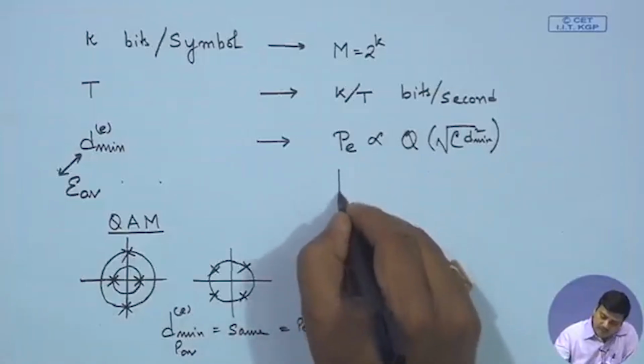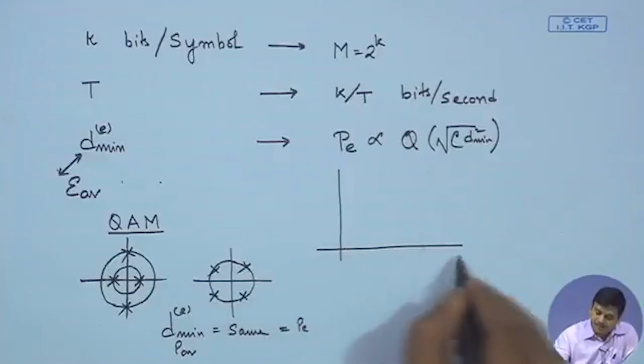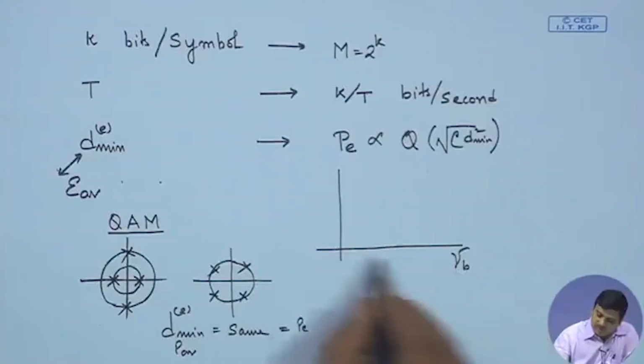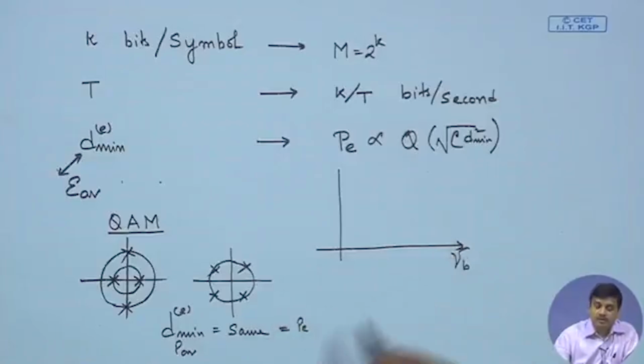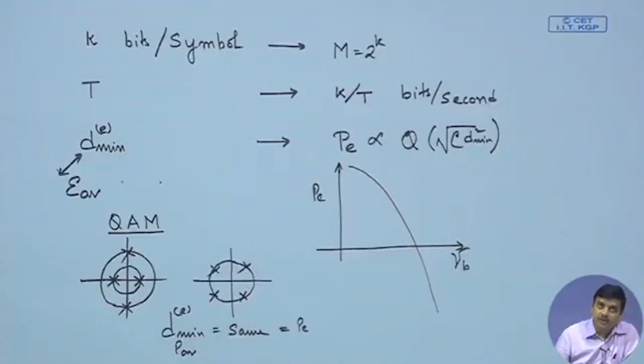And we had seen in general for constellations like PAM and QAM, as you have Eb by N naught on the x axis and the probability of error on the y axis, and let this be one of the probability of error curves.